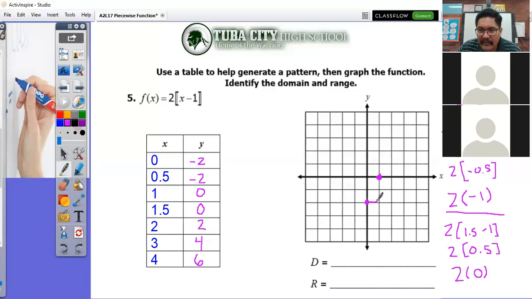And that would mean that we'd have an open circle under here, because again, in order to be a function, it has to pass the vertical line test. And if I have 2 spots where that vertical line can cover, then it's not a function. So this has to be a function.